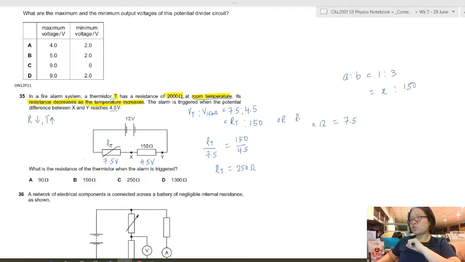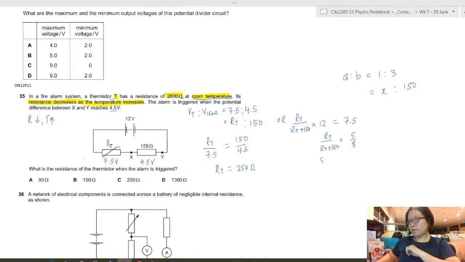So the portion of RT out of the total portion, RT plus 150, would be 7.5. So you can find RT using this method as well. 7.5 divided by 12 is 5 over 8. This is RT over RT plus 150.